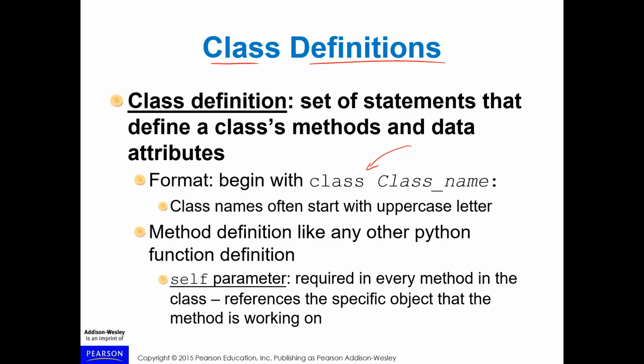So you do the class definition, a set of statements that defines a class's methods and data attributes. You have the keyword class over here, and then the class name. And then, of course, a colon, just like you do with a function. Class names often start with an uppercase letter.